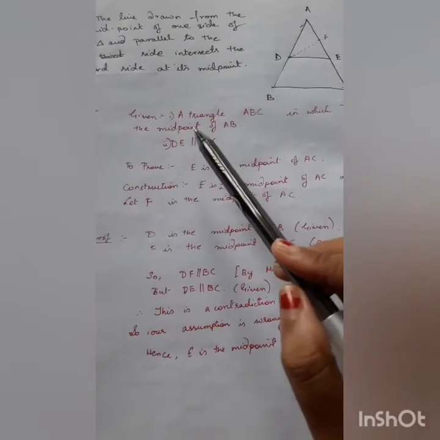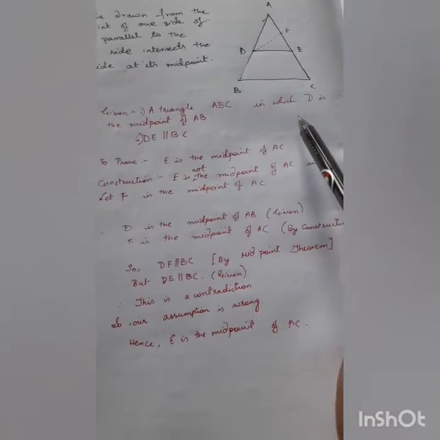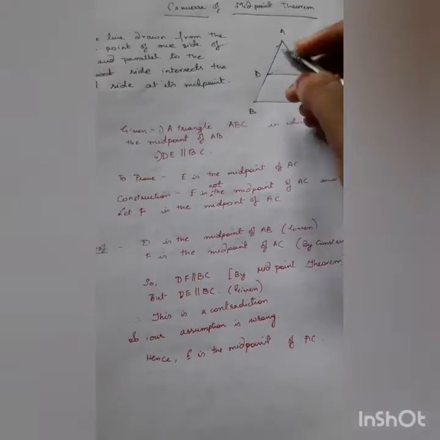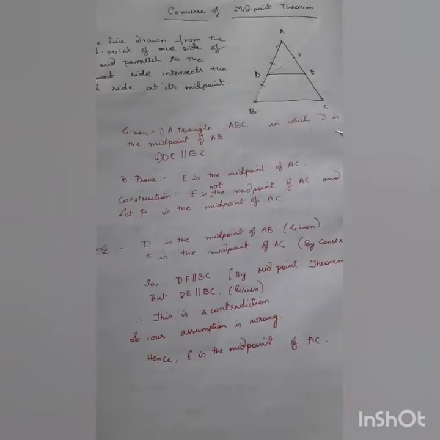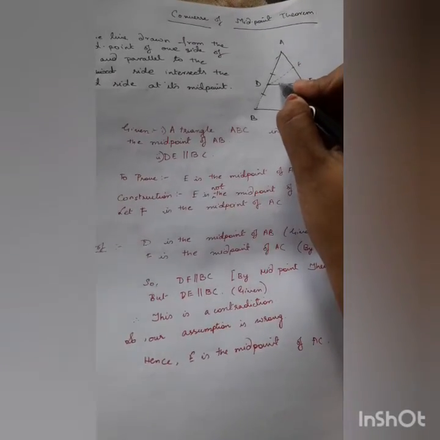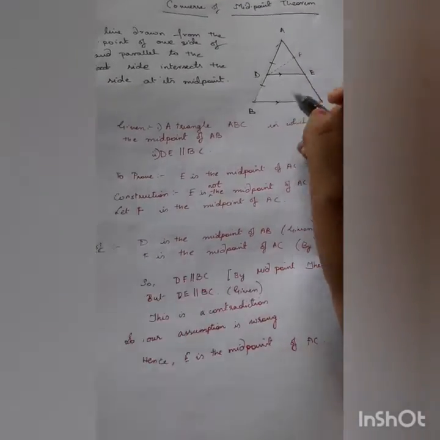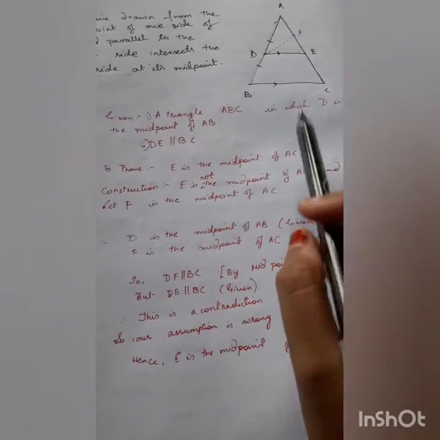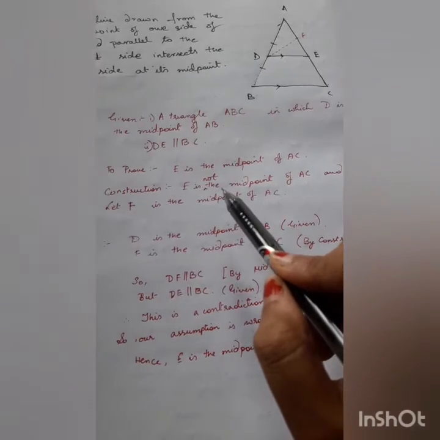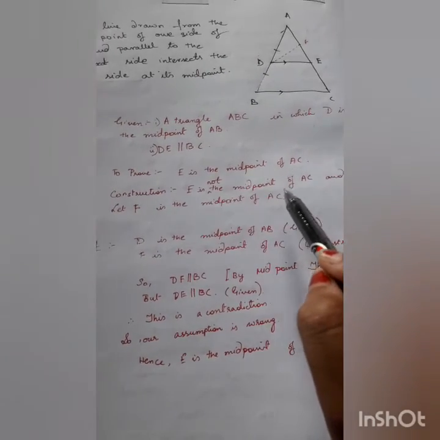Now, it is given that a triangle ABC in which D is the midpoint of AB. D is the midpoint, that is given to us. Next, DE is parallel to BC, that is also given to us. We have to show that E is the midpoint of AC. Now, construction: we are taking that E is not the midpoint of AC.